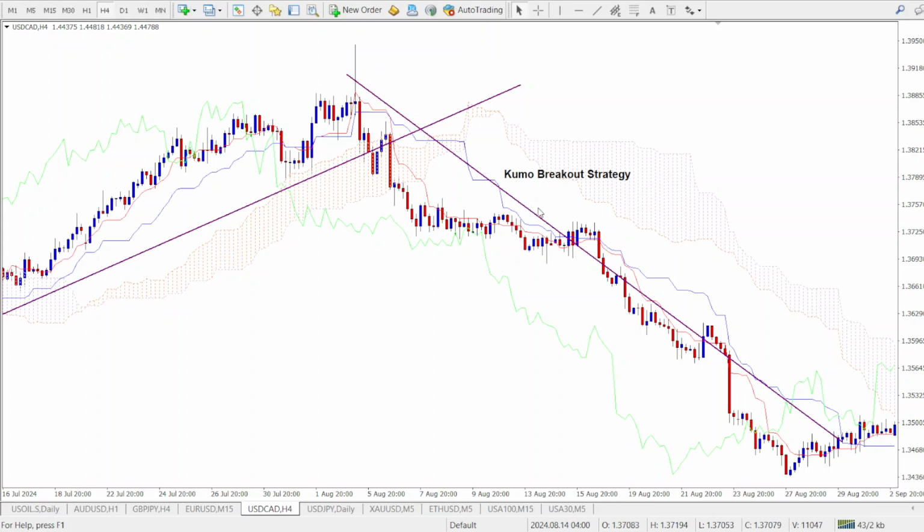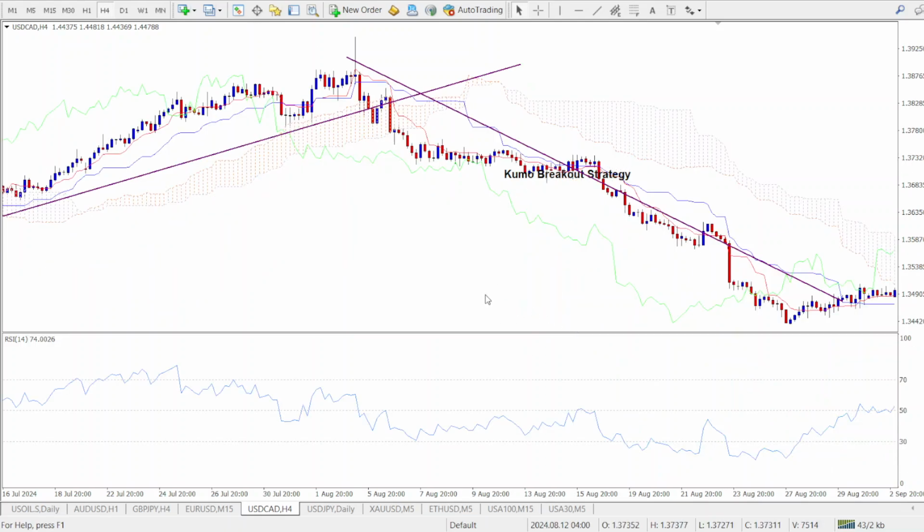You can combine the Kumo breakout with other indicators like the Tenkan Sen and the Kijun Sen, which are part of the Ichimoku Kinko system. Okay, and you can also decide to add another indicator entirely, such as the RSI.